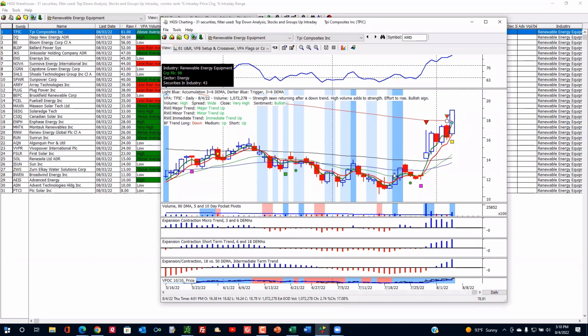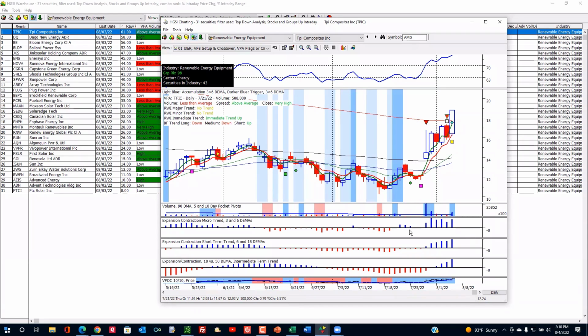Let's just take a look at it. I'm going to bring it up. Now, this is Gil's chart, the one that's included with Gil's. And here is where the crossover occurred back here, with an effort to rise VPA flag. In this filter, I allow a 2-day window, because if you miss the first day, it's going to show up the second day too. So it crossed over.